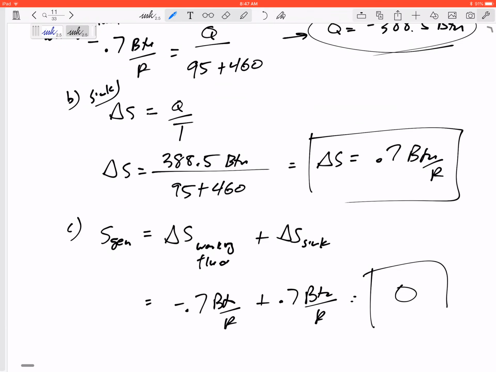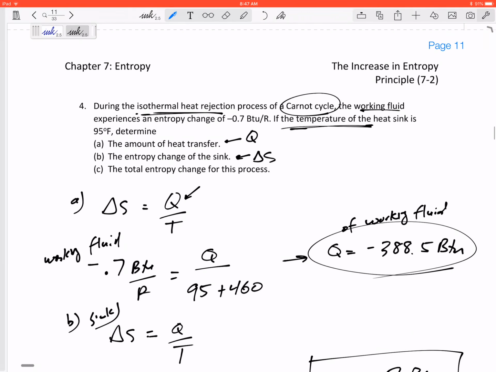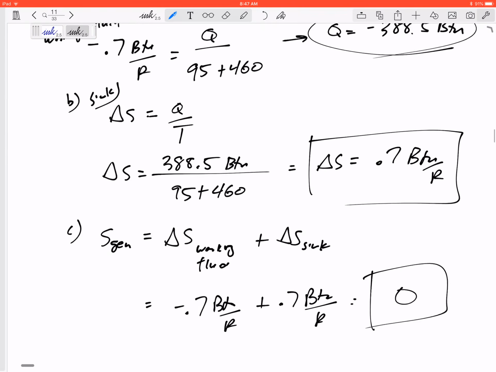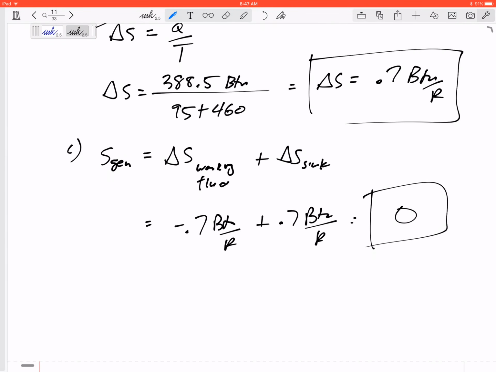We already actually knew that this should be 0 because it is a reversible process, right? It's a Carnot heat rejection process, and Carnot cycles are reversible, and so for a reversible process, the S gen should be equal to 0.